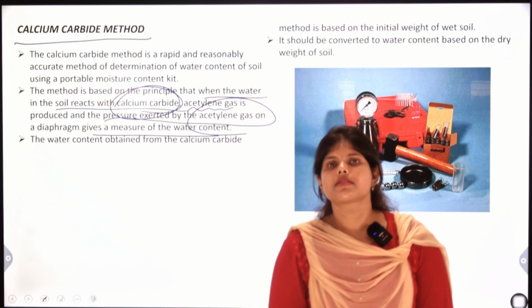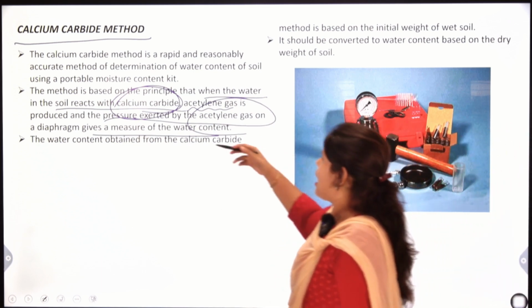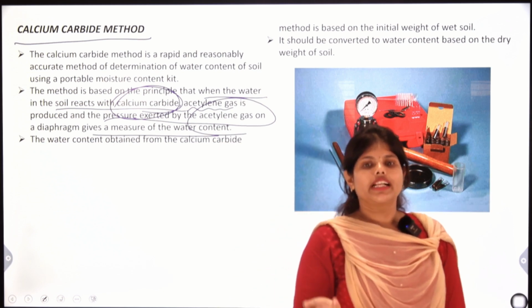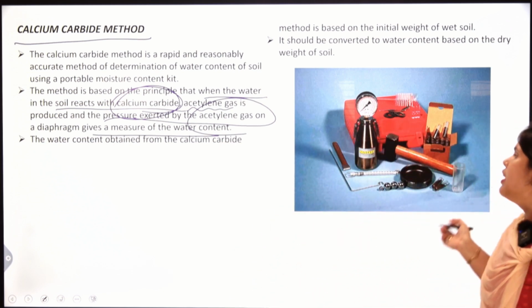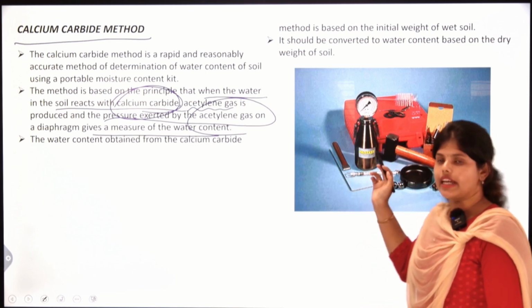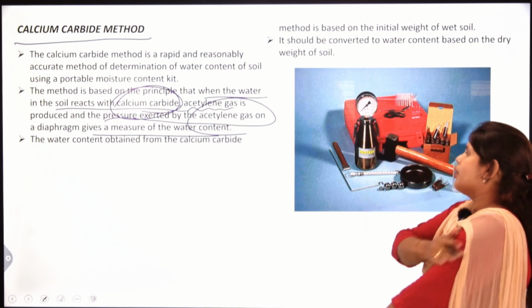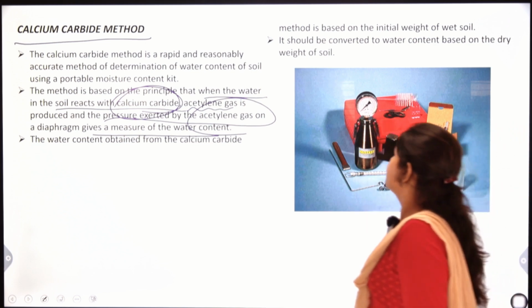After the reaction of calcium carbide with water, there will be acetylene gas. This formation of acetylene gas will show us our water content value in this kit.